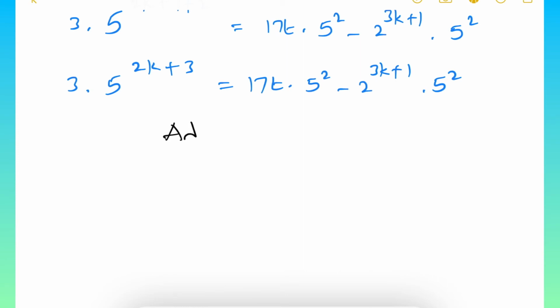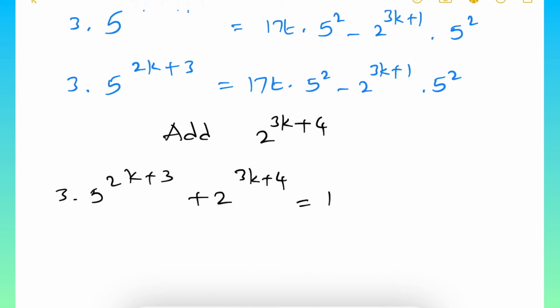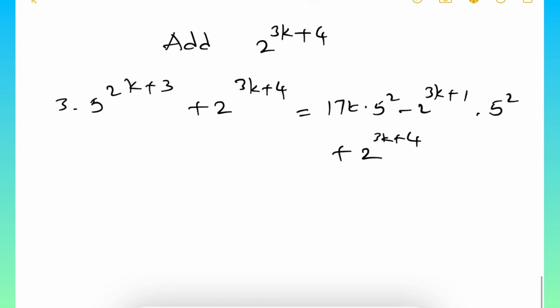Adding 2 power 3k plus 4, it will become 3 into 5 power 2k plus 3 plus 2 power 3k plus 4 equals 17t into 5 square minus 2 power 3k plus 1 into 5 square plus 2 power 3k plus 4. Whenever we are adding terms, we need to add them only once. That is the reason I added it only at the end of the total RHS.